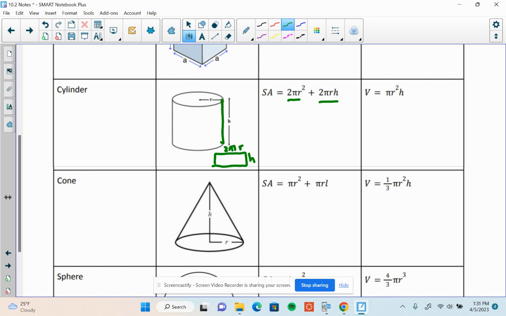So we get the 2 pi r each. Okay, so the surface area of the cylinder, 2 pi r squared plus 2 pi r h. That's assuming that we have a top and a bottom on that cylinder. So if we needed to know how much material we needed to create an object like this that had a top and a bottom, we would use this formula. Okay, volume is pi r squared times h.